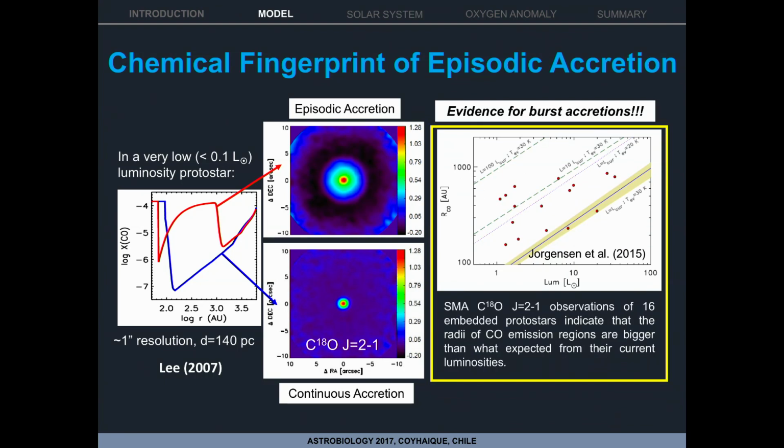Actually, Jens Jorgensen found that the CO emission radii of several protostars are generally bigger than expected from their current luminosity.